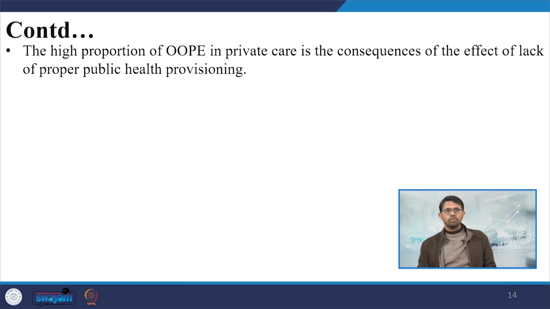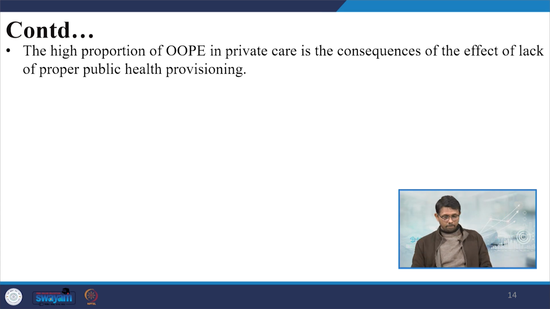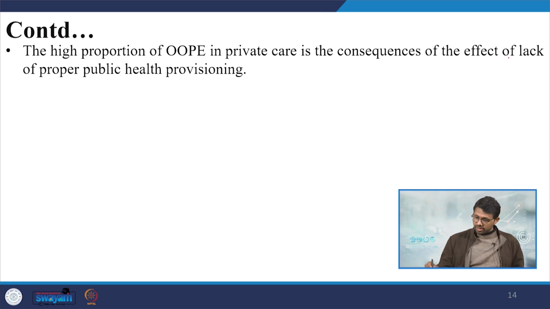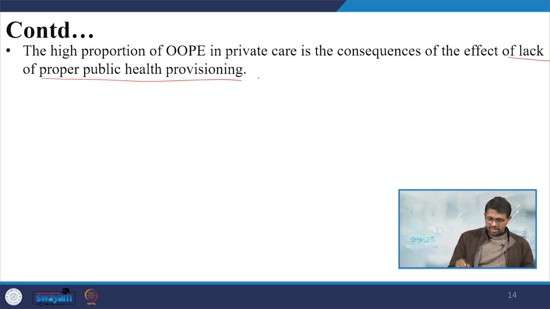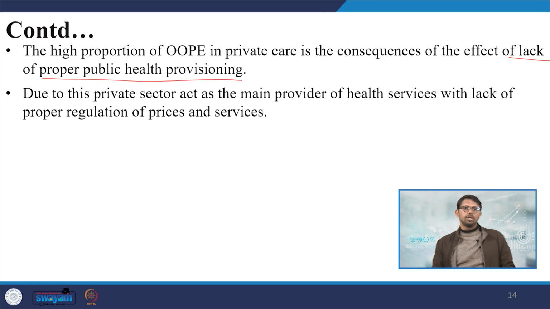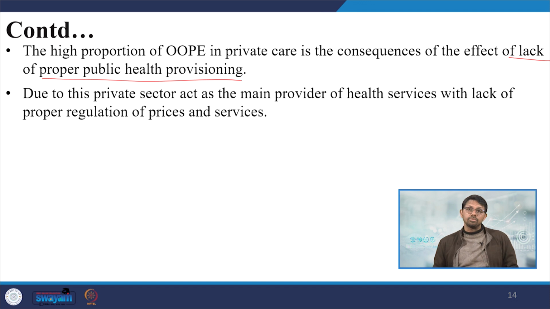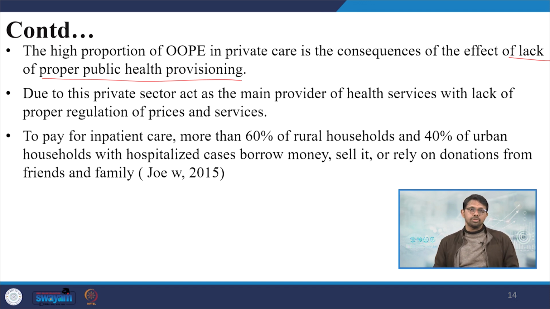The high proportion of out-of-pocket expenditure in private care is the consequence of the lack of public health provisioning. It is to be noted that this lack is actually resulting in a higher burden on the households. Due to this, the private sector acts as the main provider of health services with a lack of proper regulation of prices and services.